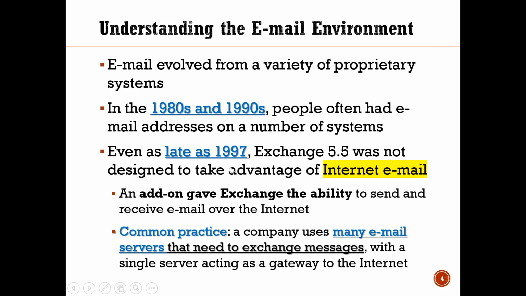That's why late in 1997, when they added that add-on, it gave Exchange the ability to send and receive email over the internet from one single node. So common practice here is that a company usually uses many email servers that need to exchange messages, with a single server acting as a gateway.